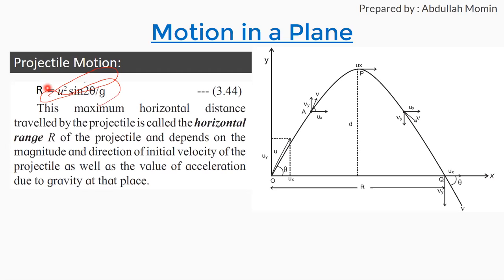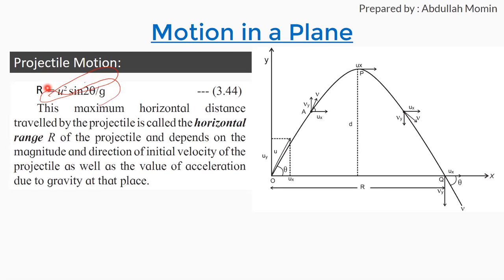This is the maximum horizontal distance traveled by the projectile, and it is also called the range, means the distance from this end to this end. This is the horizontal range of the projectile.